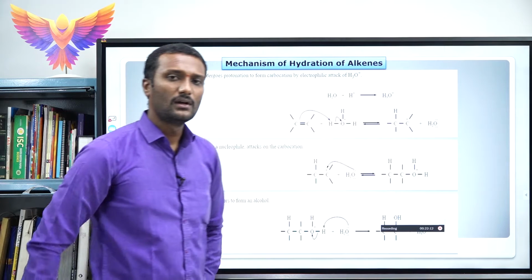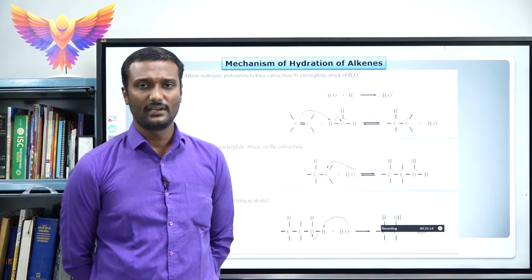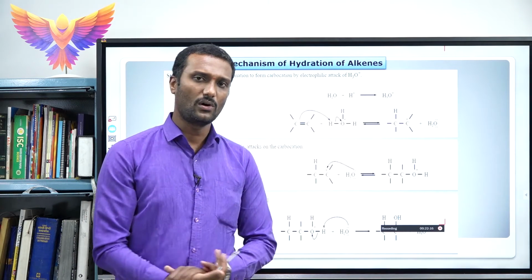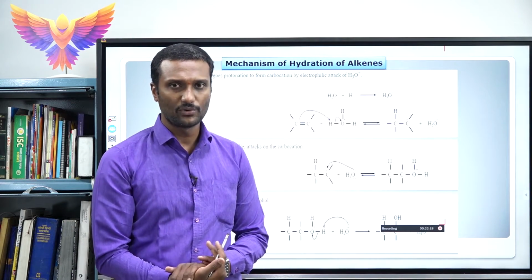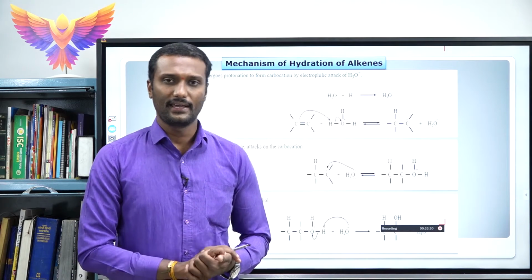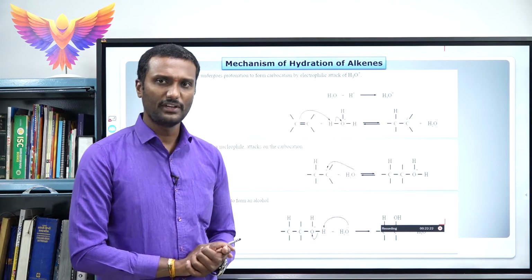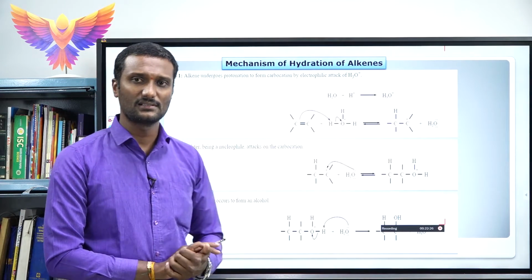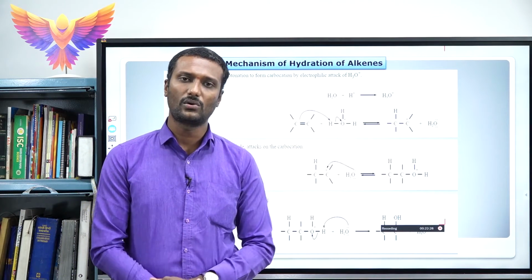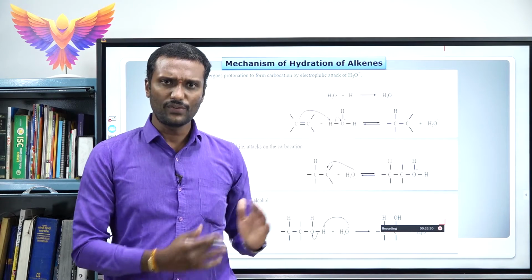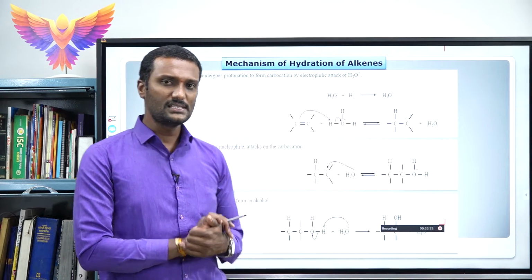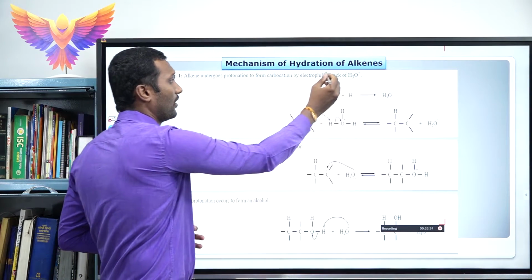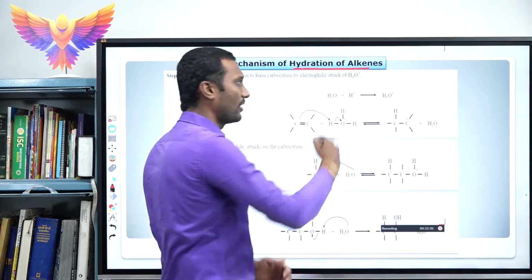Okay students, now we studied how to name alcohols, and we will study how to prepare alcohols. In that, a very important one I have taken is the mechanism, the way an alcohol is prepared. First I will explain orally. This is the method of preparation of alcohol by hydration of alkenes.